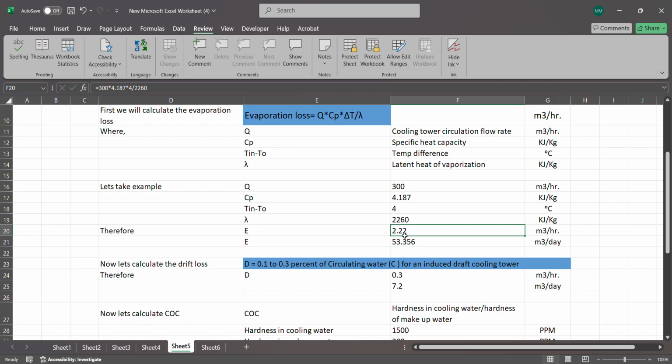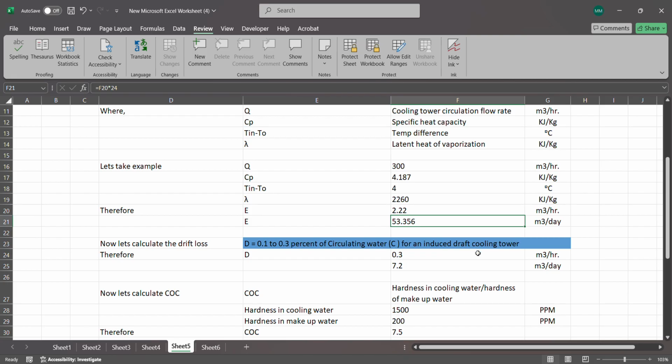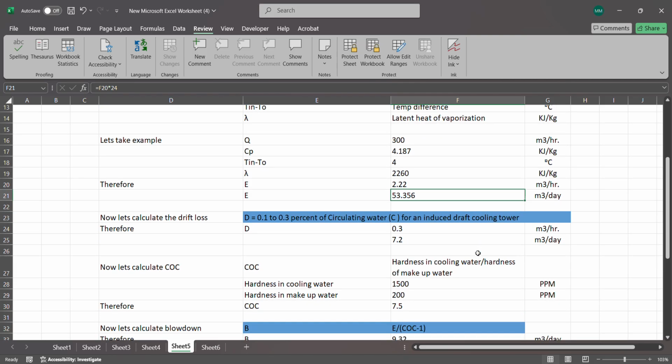We get the evaporation loss equal to 2.22 meter cube per hour. Let's convert this to meter cube per day. Simply multiply 2.22 by 24. We get 53.35 meter cube per day. That is the evaporation loss in the cooling tower.